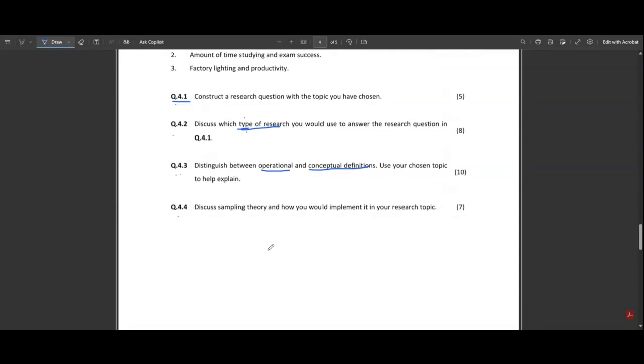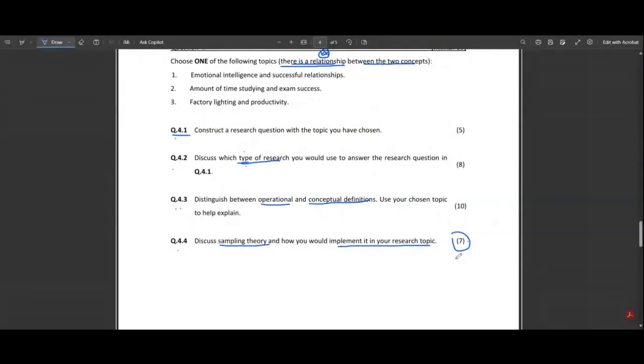And then here, discuss sampling theory and how you would implement it in this research topic. I hate odd-numbered mark allocations, as an aside. There was a correct answer here, because if you've set up a quantitative method in this example, which you should have, then your sampling needs to make sense, and it needs to be a probability-based sampling technique.